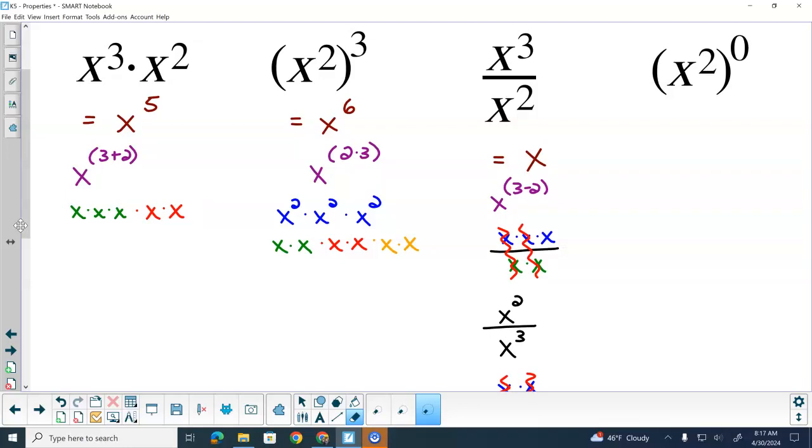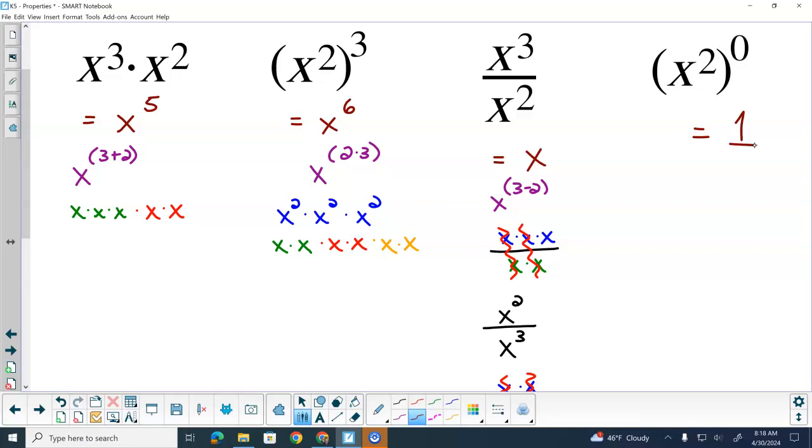So what's our answer? 1. Is that what you were going to say? Yes, this is 1, because anything to the 0 power, we learned this yesterday, is 1. No matter what. It could be a triangle to the 0 power, still is 1. It could be a dinosaur to the 0 power, still is 1.